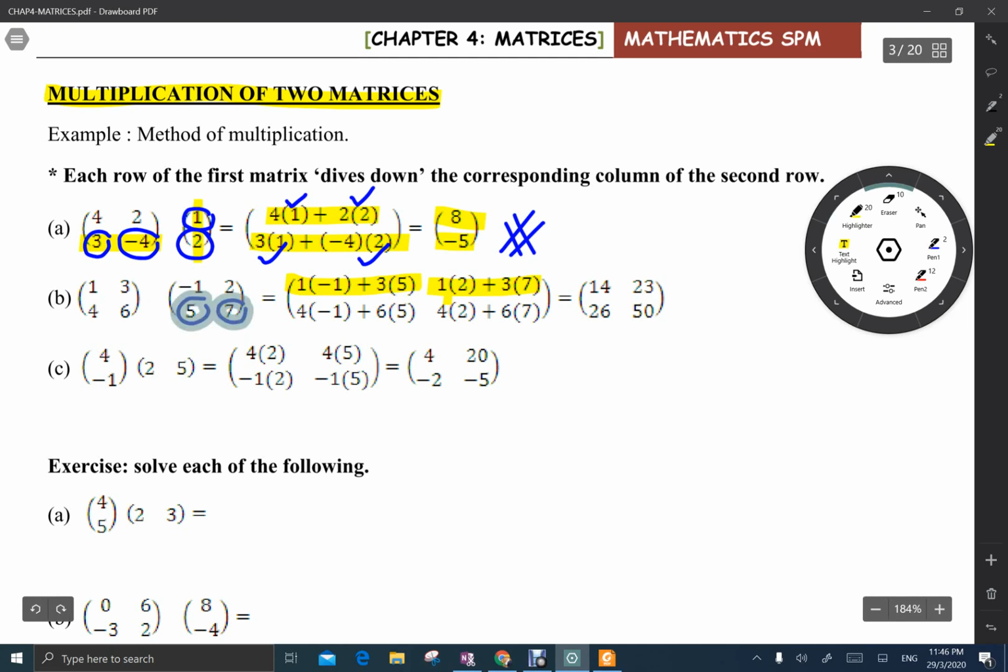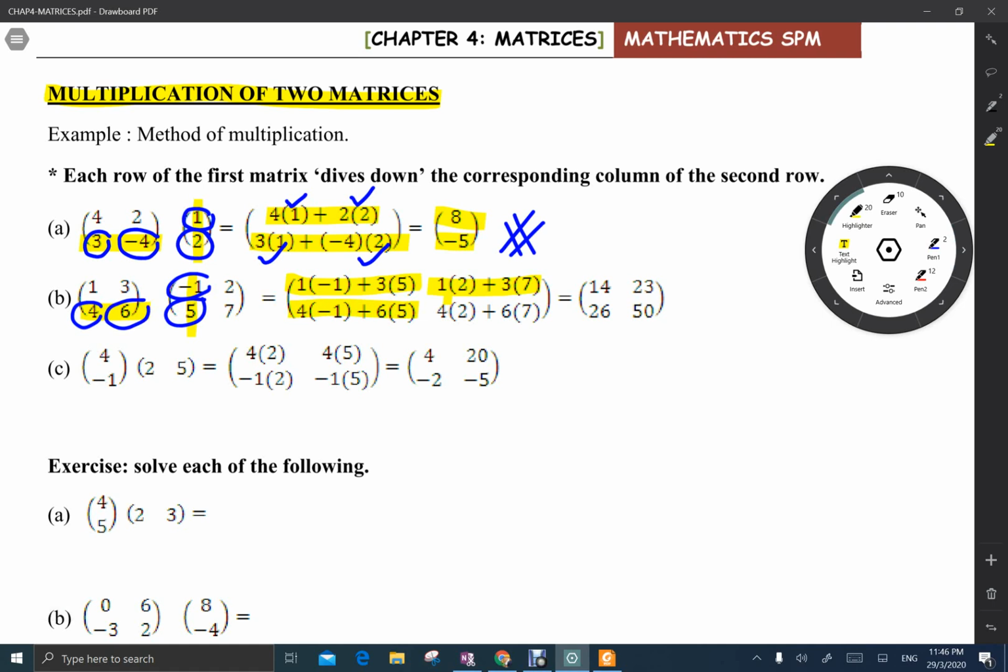Okay, so now ambil pula the second row. So second row times dengan the first column. So 4 times negative 1 plus 6 times 5. Okay.